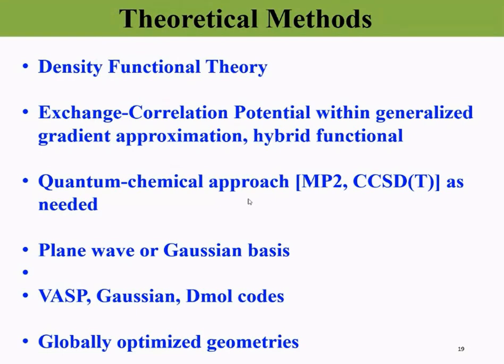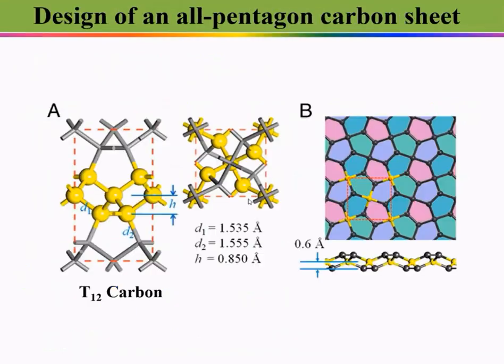So let me start by saying how we actually designed this pentagonal tile. There is a form of carbon called T12 carbon, and that is the one I'm showing on the left. If you look at the yellow portion, a middle layer, what we did was exfoliate this middle layer.